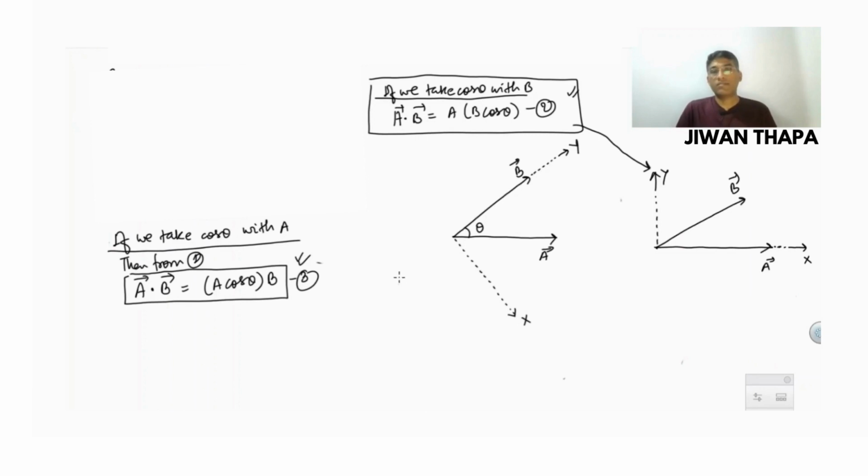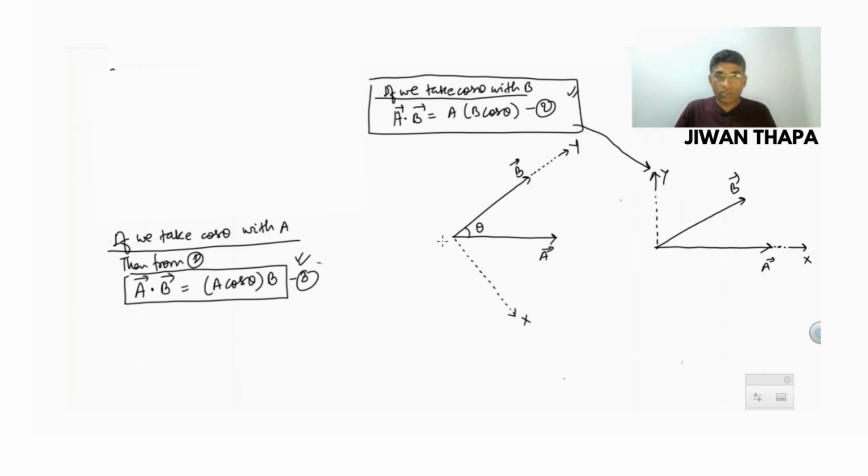So we rotate the coordinate axis in such a way that y and vector B are in the same line.